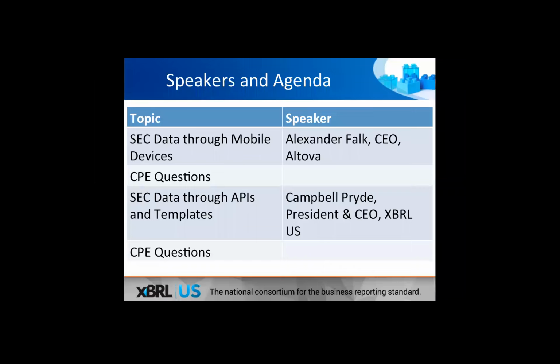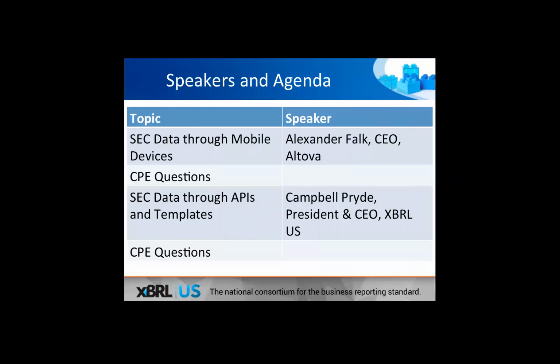After Alexander has spoken, we're going to go to CPE questions, and then we're going to turn it over to Campbell Pride. Campbell is president and CEO of XBRL US. Before taking on the role as CEO, Campbell led our technical and development efforts as chief standards officer here at XBRL US. And prior to joining XBRL US, he was executive director in institutional securities at Morgan Stanley.